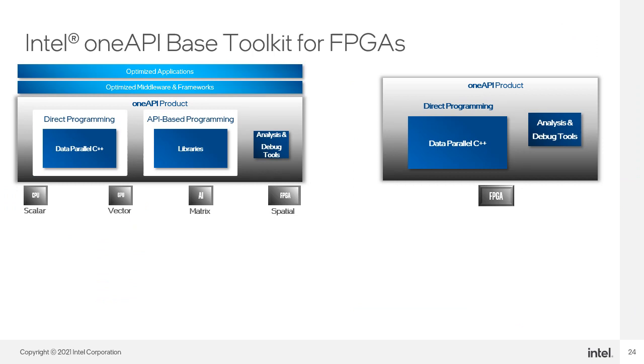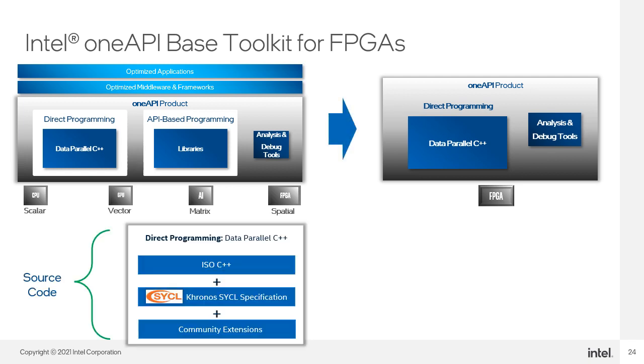The oneAPI product provides easy access to all of Intel's heterogeneous architectures through a unified language. The oneAPI toolkit uses the DPC++ language, which is based on SYCL, a bunch of libraries, and analysis and debug tools. The oneAPI product for FPGA use is enabled with just the DPC++ and the analysis and debug tools.